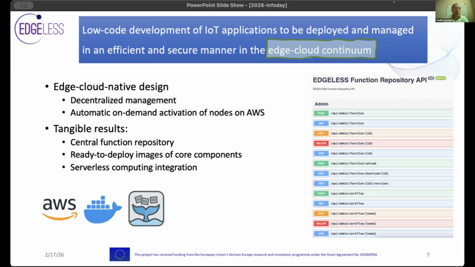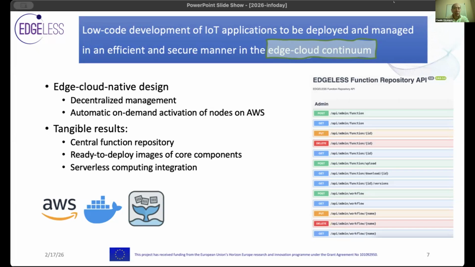And in fact, we have also developed a mechanism to activate on-demand nodes on AWS if the load on a domain exceeds some given thresholds, so that you only use extra cloud resources when needed, when the edge resources are not sufficient due to some spike in the use of the resources themselves.